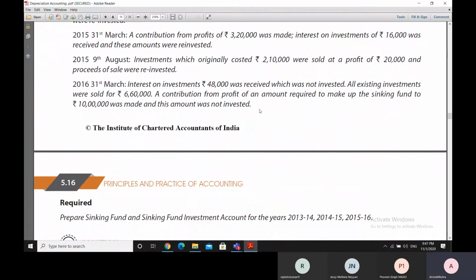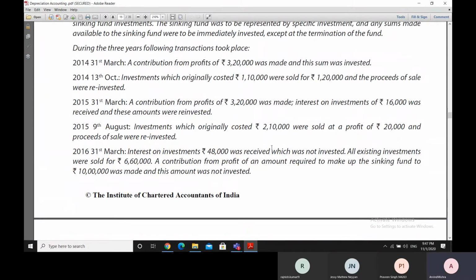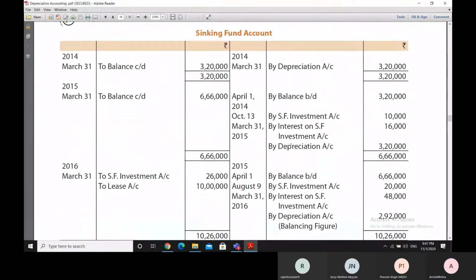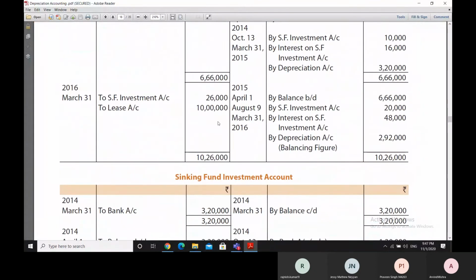Now, having done all this, we realize that we need a certain amount of depreciation, because we need to debit a certain amount to the depreciation account for contribution coming from the profits for the purpose of depreciation.